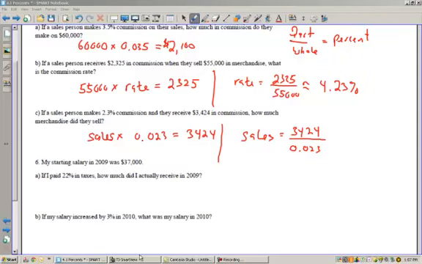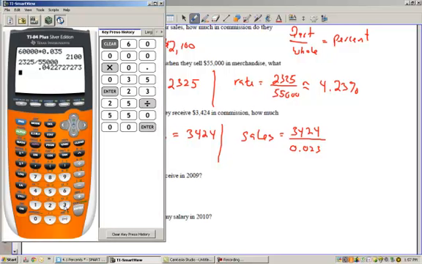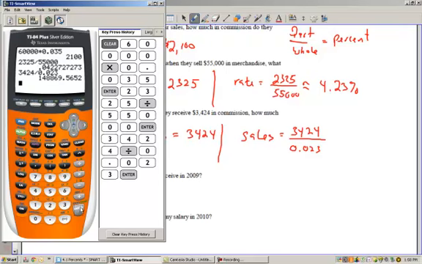And again, my calculator will give me the answer, so I have 3,424 divided by 0.023. And out pops my answer of approximately $148,869.57. Let's put dollars in front.